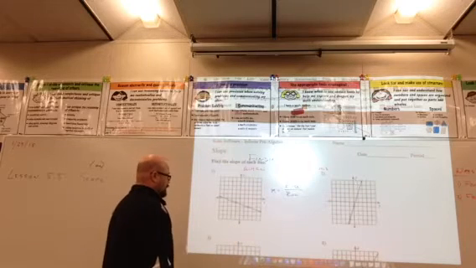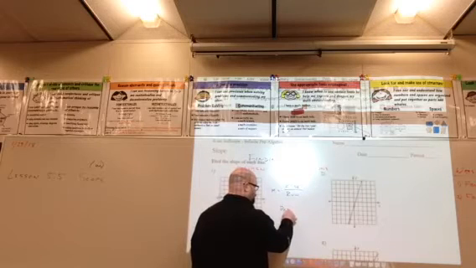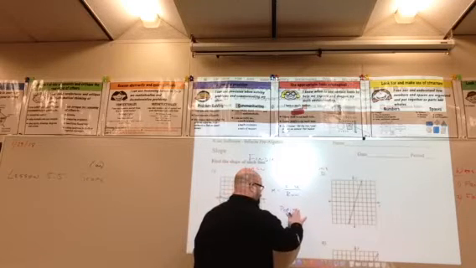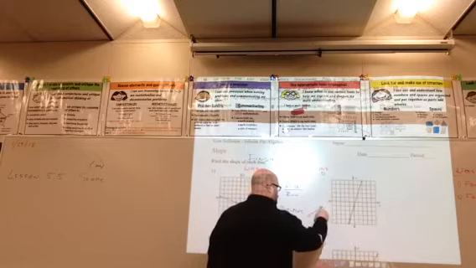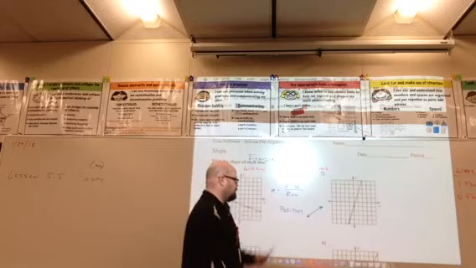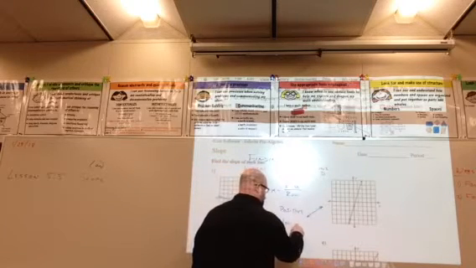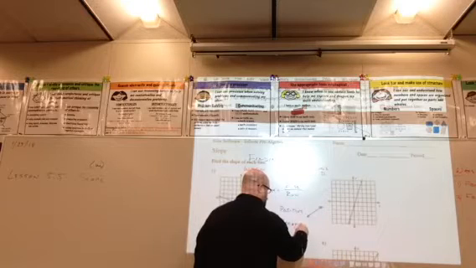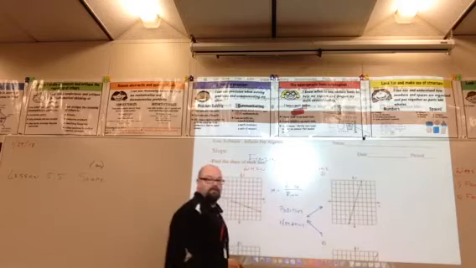Just to review a little bit, we can have a positive slope, which will look like that, which goes uphill from left to right. We have a negative slope, which will go downhill from left to right.